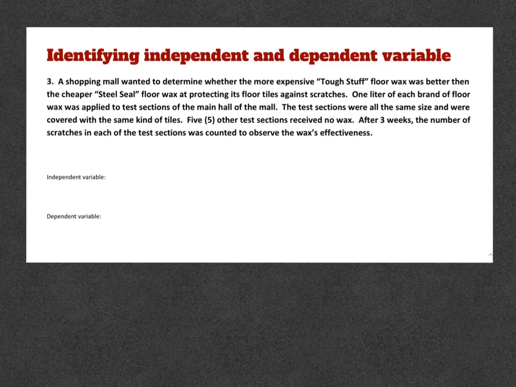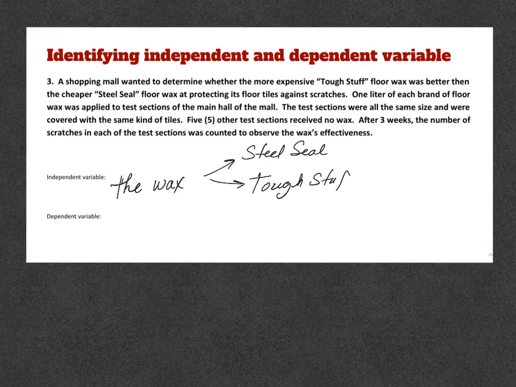The wax. That's your independent variable. If you have two, the Steel Seal, which is the new one, and the Tough Stuff, you're checking that on purpose because you have a section that is gonna be covered with one, and another section that is gonna be covered with the other one.